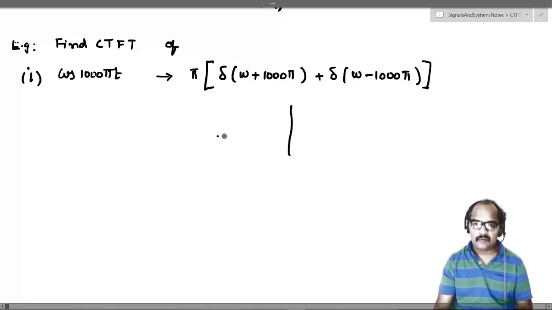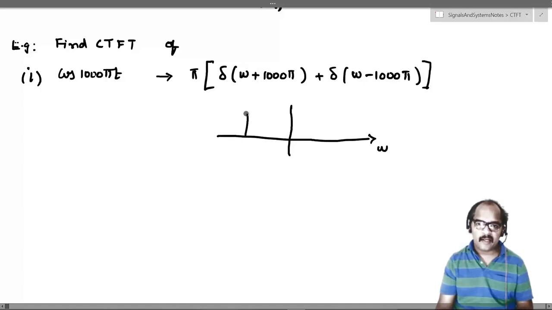You have two Dirac delta functions, one at minus 1000 pi and another at plus 1000 pi. And what is the strength of each Dirac delta? That is pi. So this would be the Fourier transform of cos 1000 pi t.